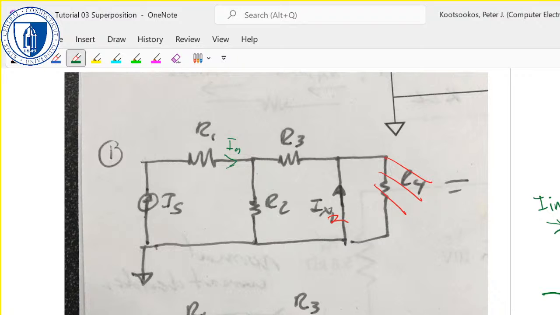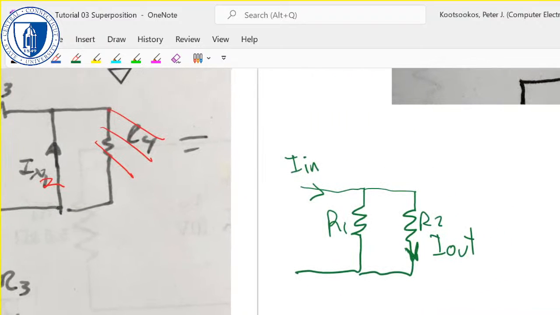So when you've got a situation like that, that's a current divider. You've got one current flowing in, and then two or more paths that it can flow through. So in this case, I out is proportional to the resistance in the other path.